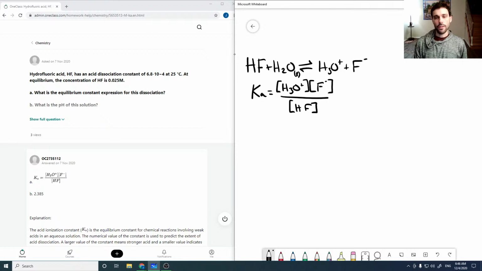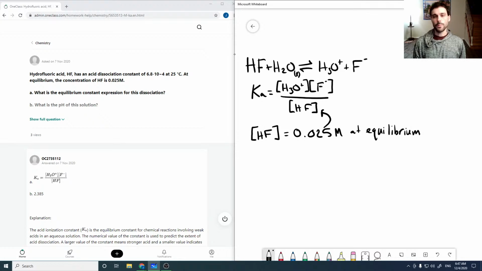Now, depending on the values given will be how we use to solve this, but here we have our equilibrium concentration, so that means we already have this value here, so that's this.